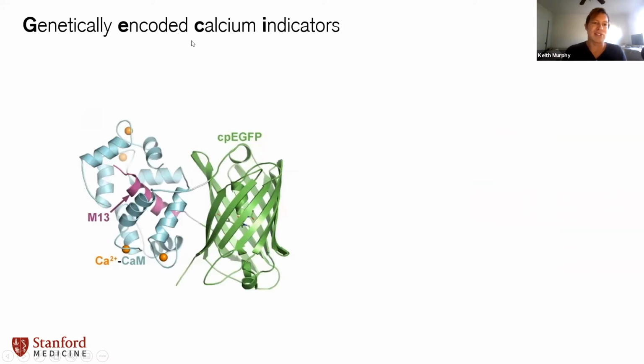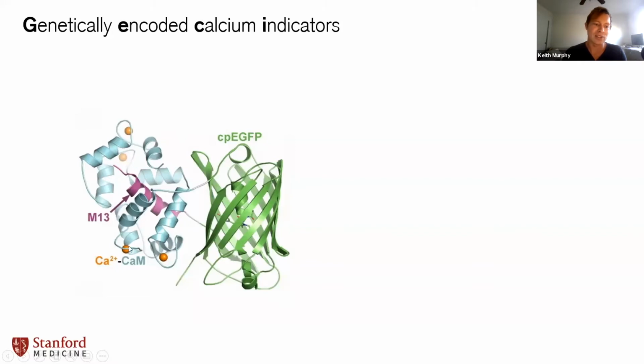Okay, so let's talk about genetically encoded calcium indicators, which GCaMP falls under that category. What is a genetically encoded calcium indicator? This is very simply a fluorophore which depends on the presence of calcium. So here's a molecular diagram, a spatial diagram of this particular molecule.